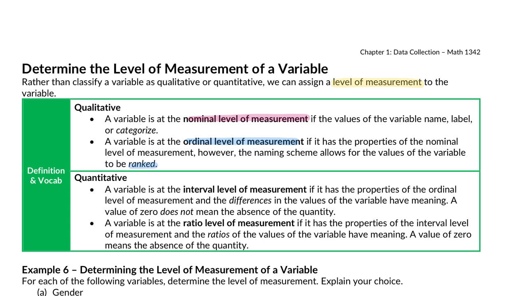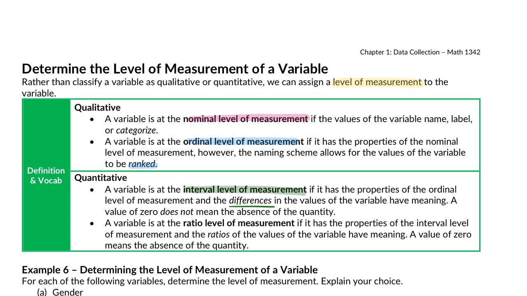A variable is at the interval level of measurement if it has all the properties of the ordinal, which means it can be categorized and ranked, and the differences in the values of the variable have meaning. The differences in the value of the variable have meaning. Also, a value of 0 will not mean the absence of the quantity.